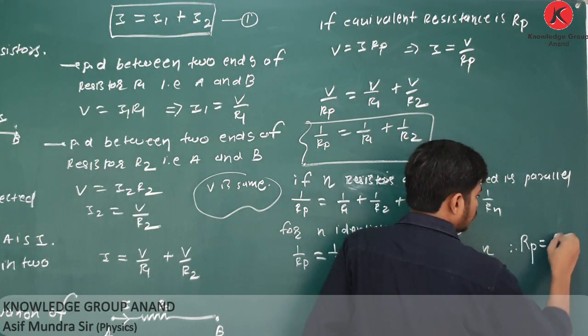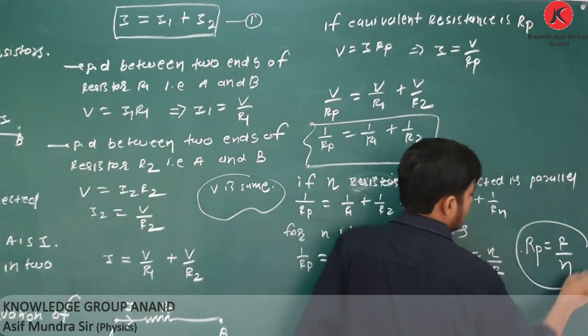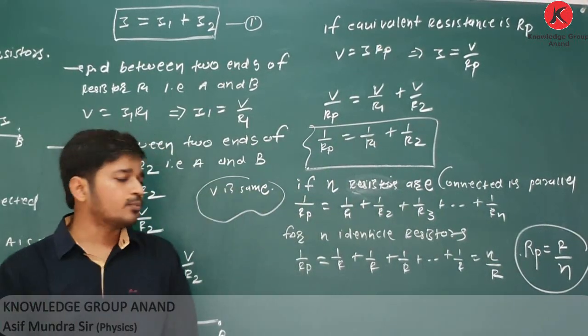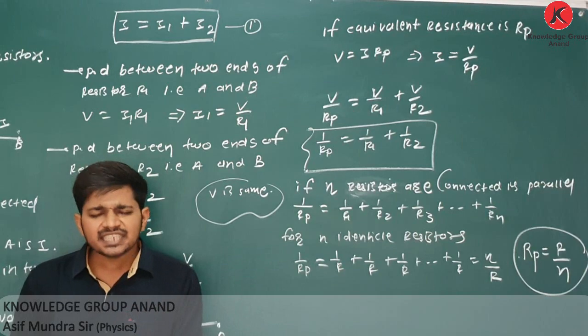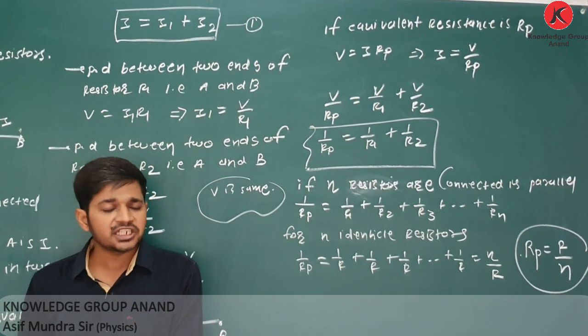RP is equal to R upon n. Clear about this? So in series and parallel connections, you have to remember each and every relation.